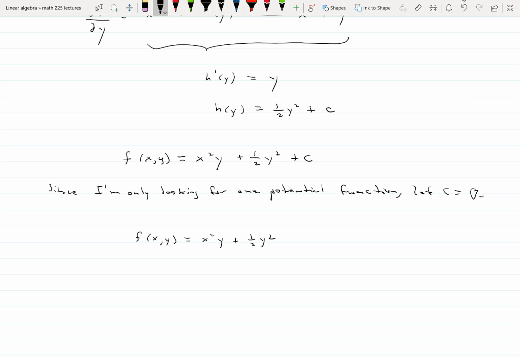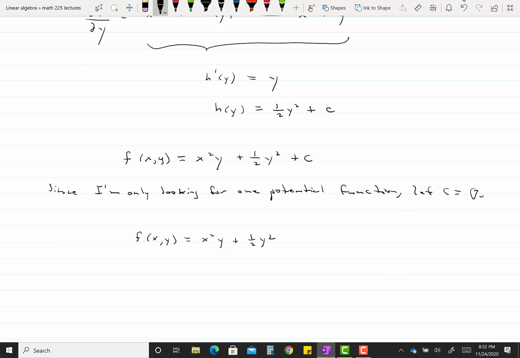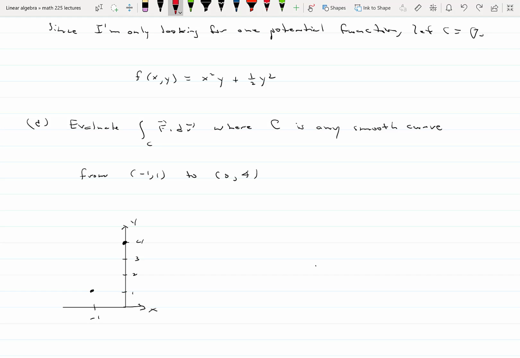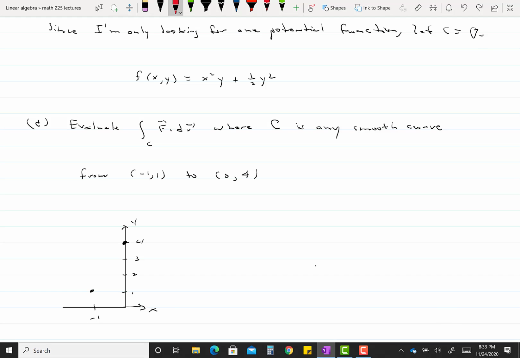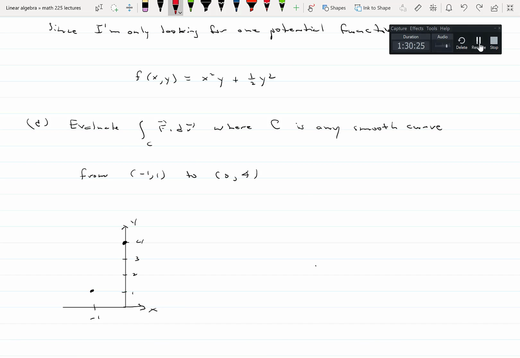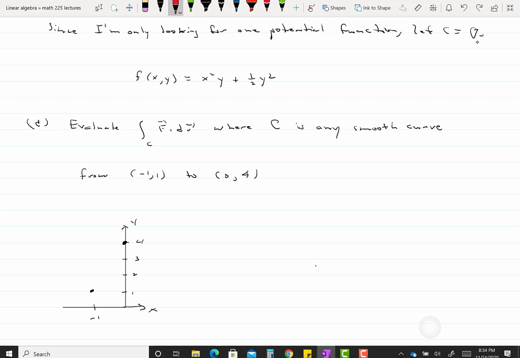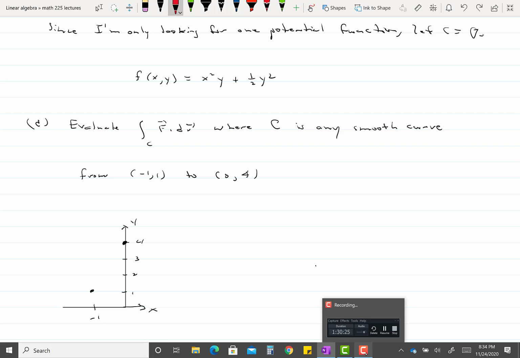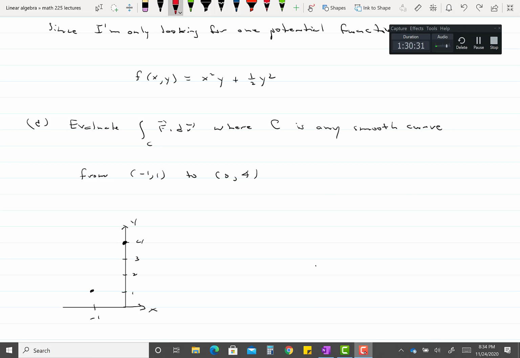Okay, last part of this example. So let's evaluate the integral of F dot dr, where C is any smooth curve from -1, 1 to 0, 4. Okay, now let's make sure we understand what's going on here.